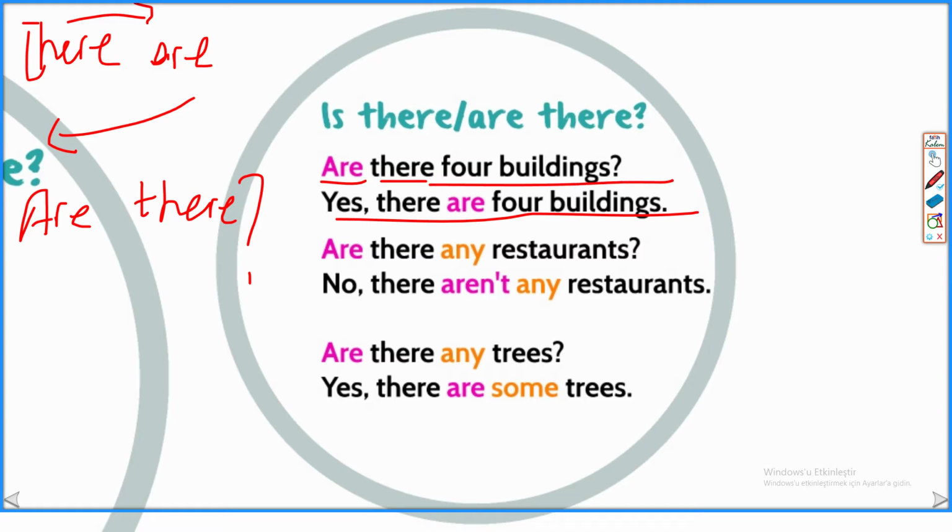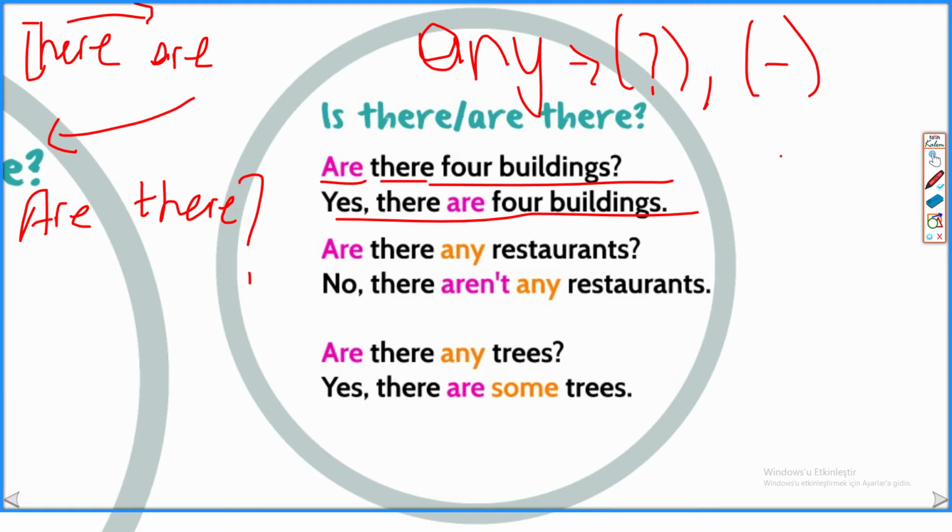And the next question, are there any? As you see, we use any with question and negative at the same time.